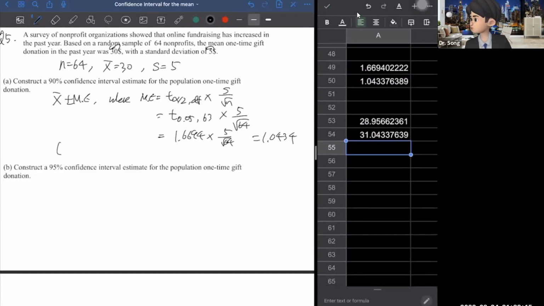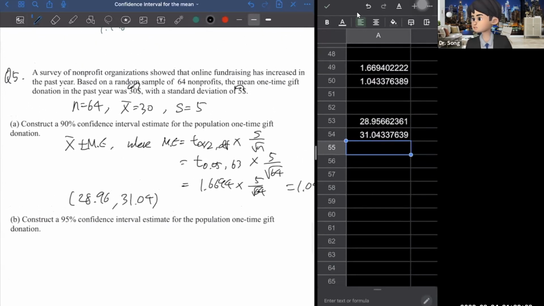So the lower bound is 28.96 up to 2 decimal places, and 31.04 is the upper bound. Then I can interpret: we are 90% confident that the population mean one-time gift donation will be located between $28.96 and $31.04.